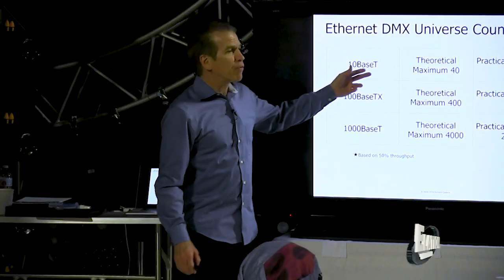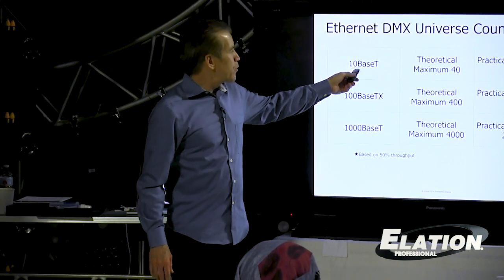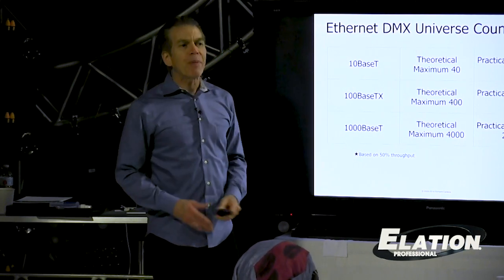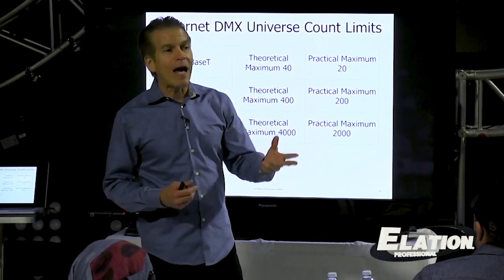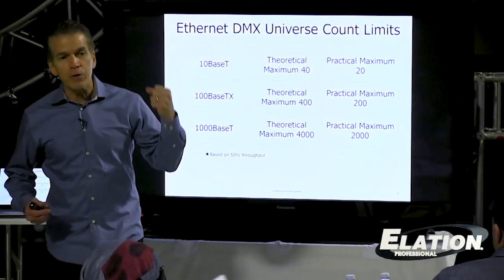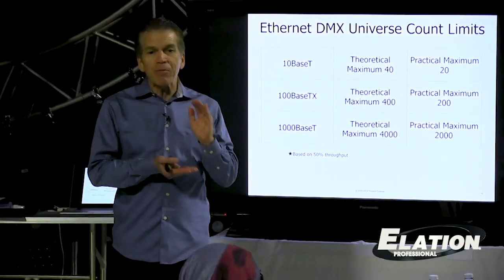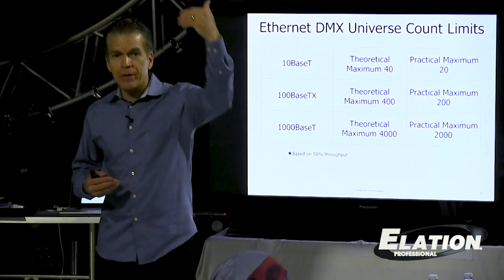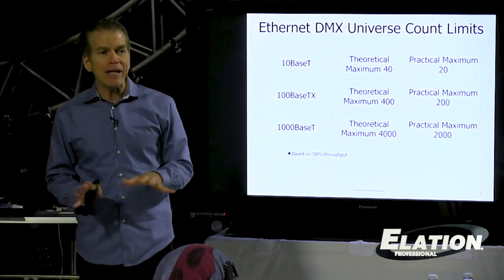So 10 base T, for example, means 10 megabit per second Ethernet using baseband transmission. Now, baseband transmission just means that we're sending the data over without any carrier signal. Like when you transmit television or radio signals, there's a high-frequency carrier signal that helps carry that signal a long way. We don't use that with Ethernet networks.